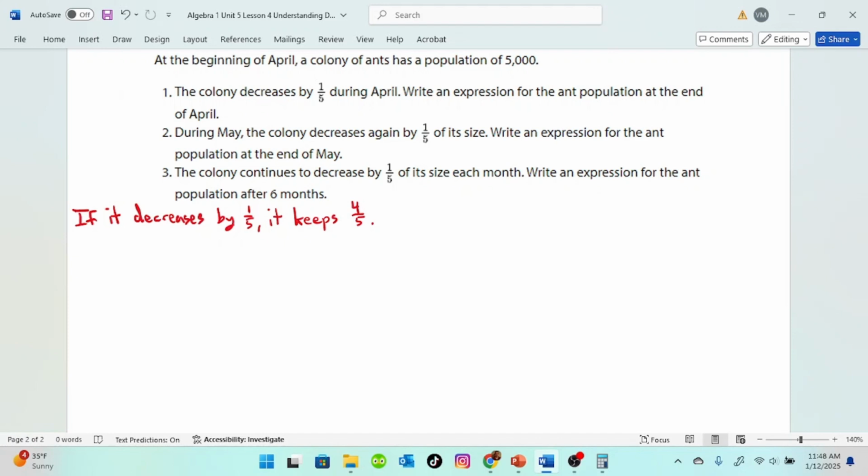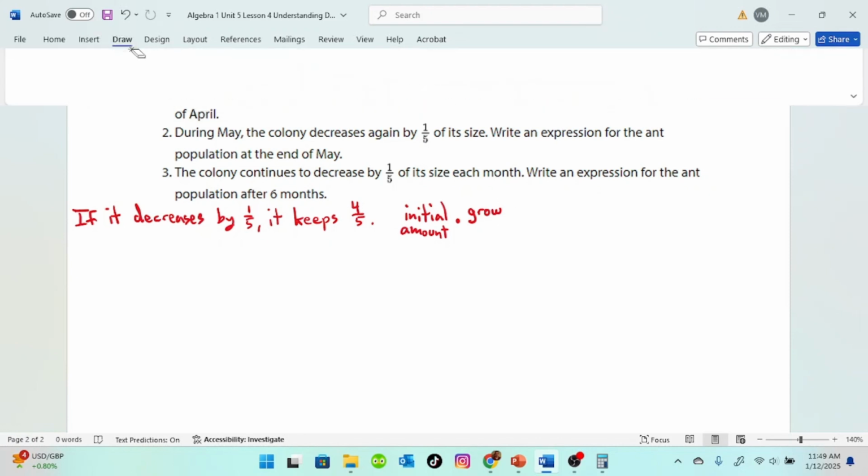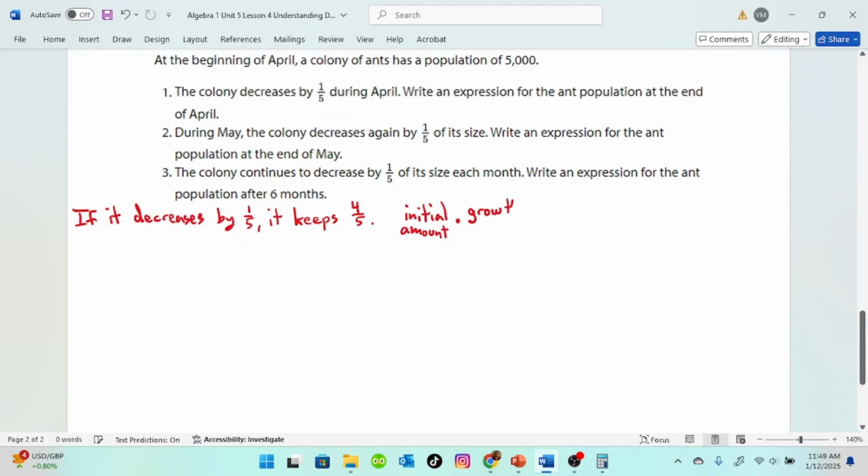And we need to remember that exponentially we write initial amount times the growth factor to the input power.